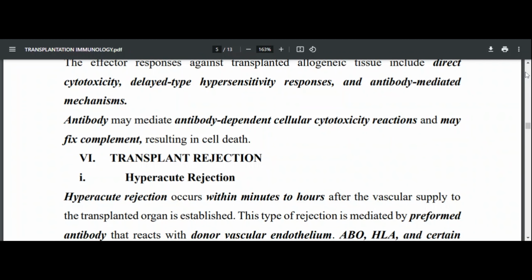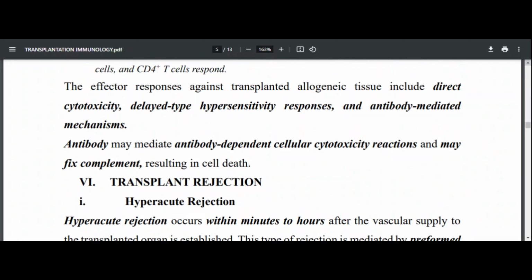Some of these mechanisms seen in the effector response against a transplanted allogenic tissue include direct cytotoxicity, which is direct destruction of the cell bearing that foreign antigen, right? Delayed type hypersensitivity response, you know what happens in delayed type 4 hypersensitivity, we talked about it, and antibody-mediated mechanisms as well. Antibody may mediate antibody-dependent cellular cytotoxicity and may fix complement resulting in cell death.